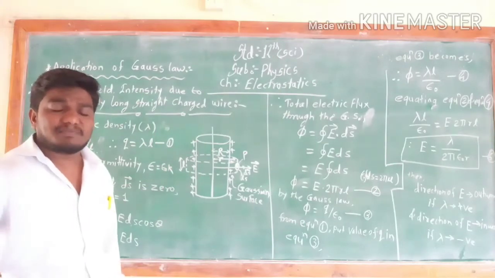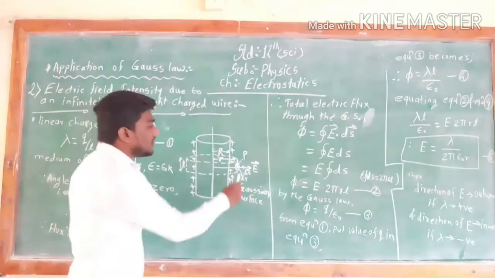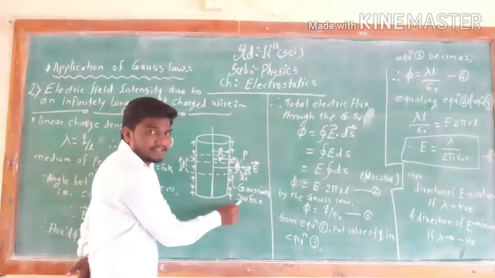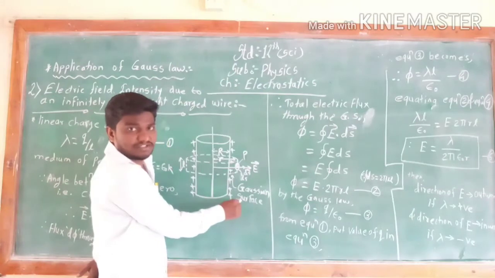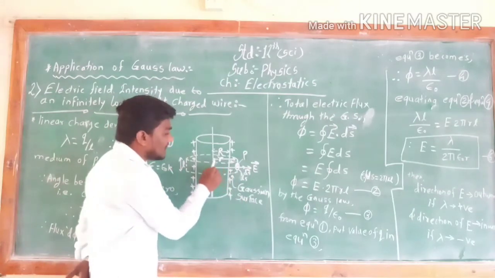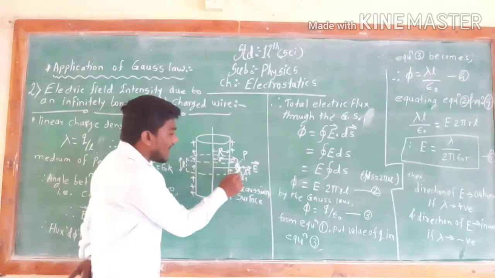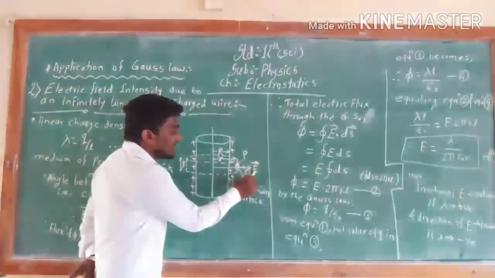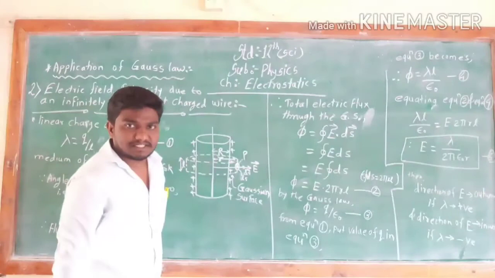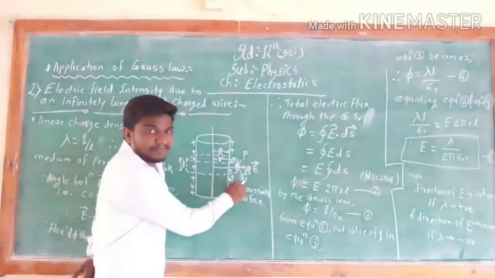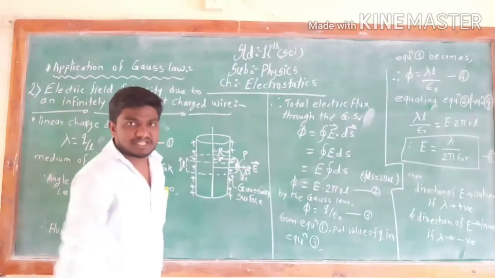Then we consider a point P on this imaginary Gaussian surface, at a distance small r, where the electric field intensity is E. This point has a small surface area dS.